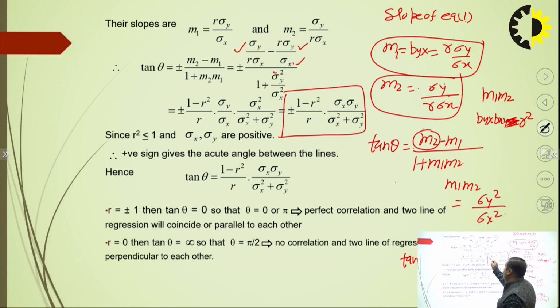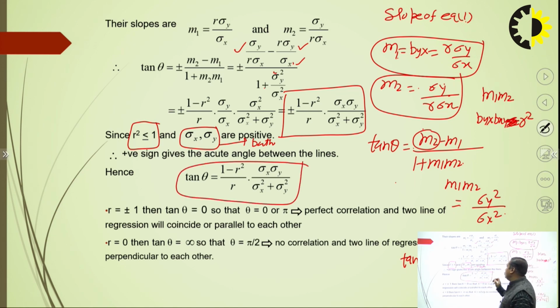That is the value with plus or minus, which means m1 and m2 can be interchanged, so we are taking the positive sign. r square is always less than or equal to 1, and sigma x and sigma y are both positive. If both are negative, then the product must also be positive. So positive signs for the acute angle: tan theta is equal to 1 minus r square upon r, times sigma x sigma y upon sigma x square plus sigma y square.